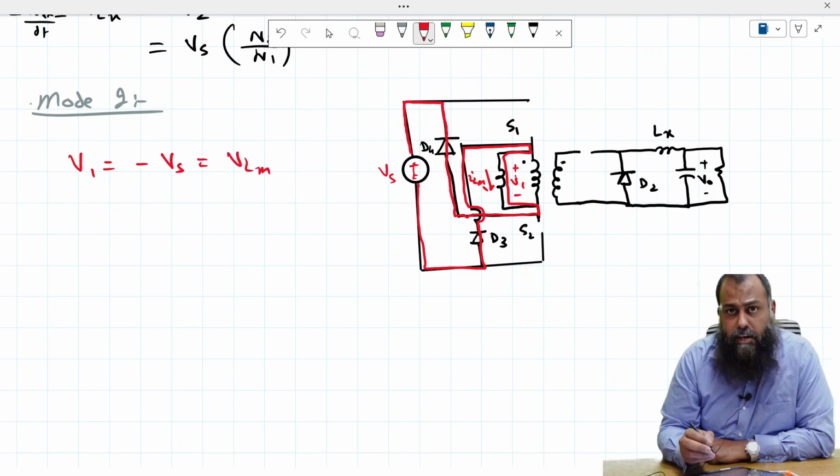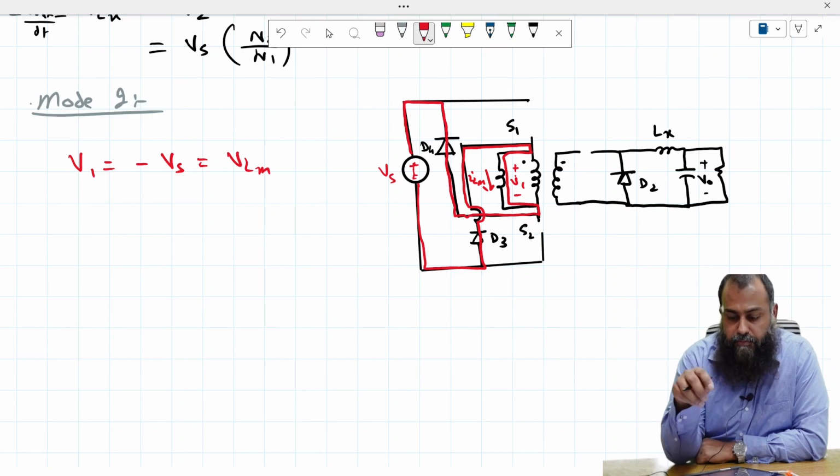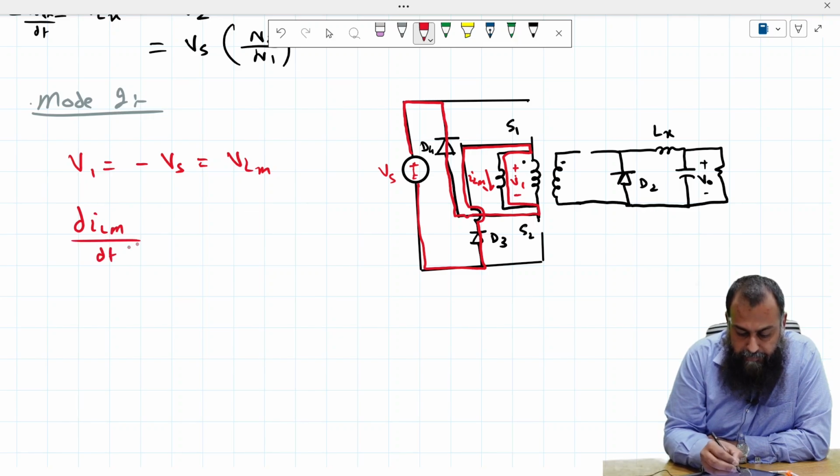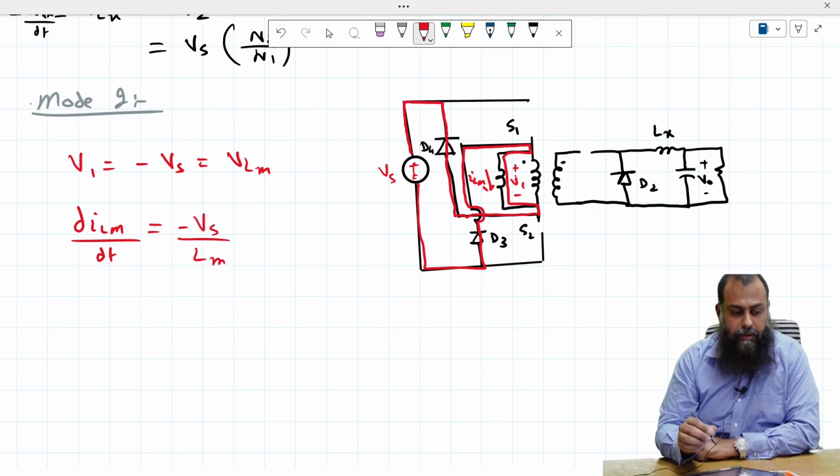So the voltage across the magnetizing inductance of this topology, VLM = L_m dILM/dt, is equal to minus Vs, so dILM/dt is equal to minus Vs over Lm here, right.